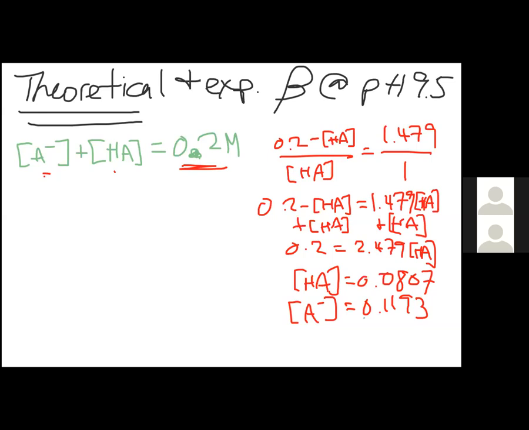So do these concentrations that we solved make sense? Let's just give a quick look. Yes, they do. The concentration of the conjugate base is slightly higher than the concentration of the acid. That's because the environment is going to confer more of the deprotonated species to be in solution compared to the protonated species.